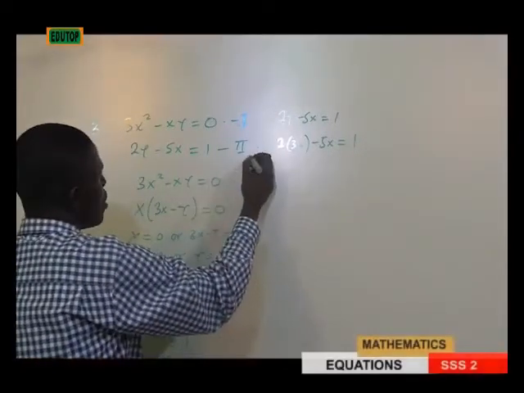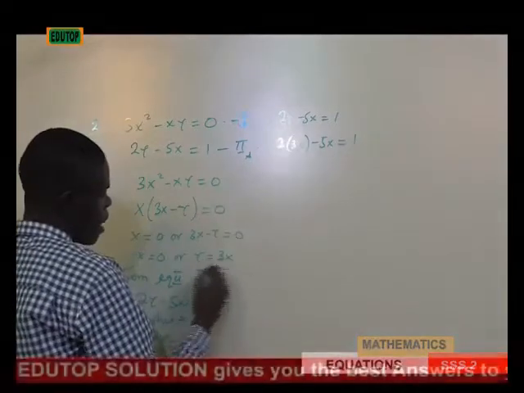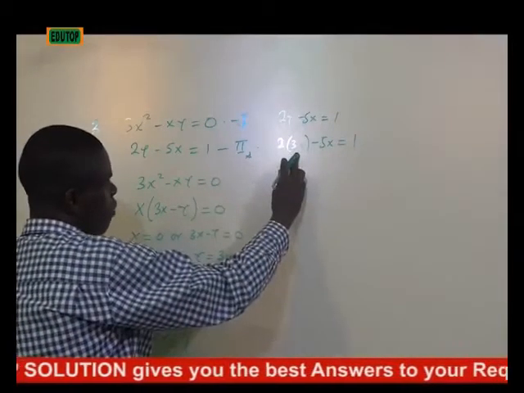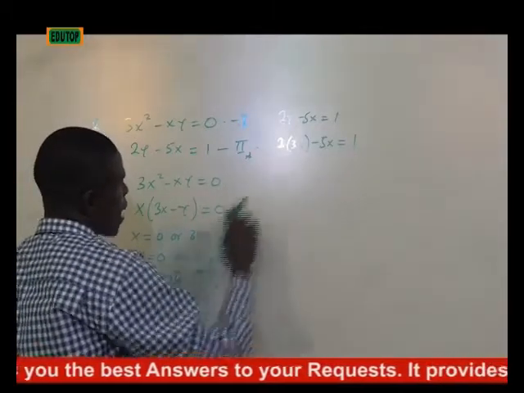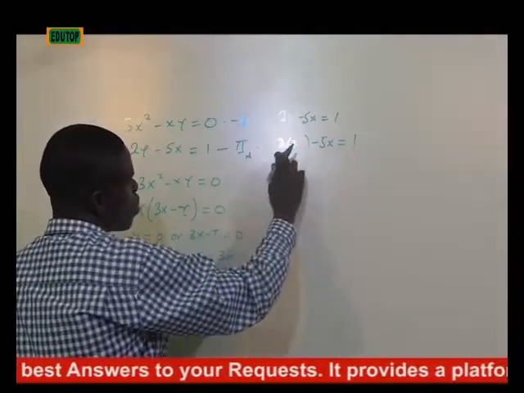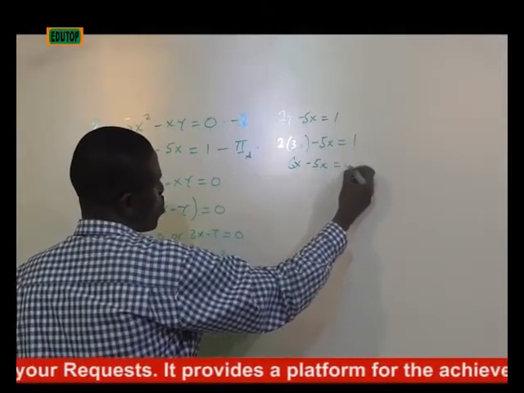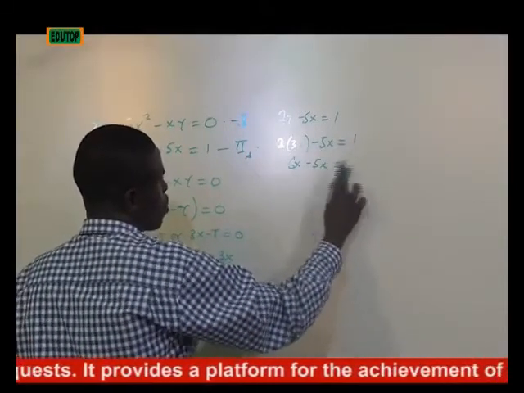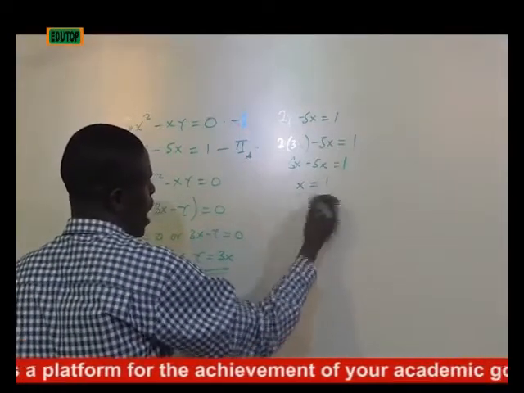I'm using the second equation now. So this y is 3x from here, so I substitute the value of 3x to represent y here. Then this one becomes 2 times this, that's 6x minus 5x equals 1. Then this minus this, that's x, equals 1. So my x is 1.